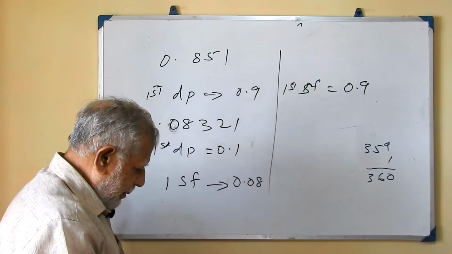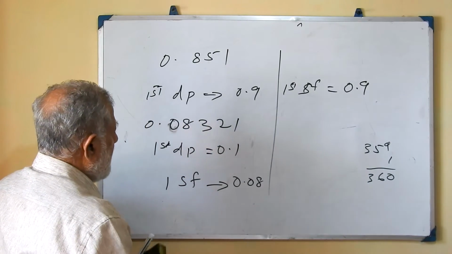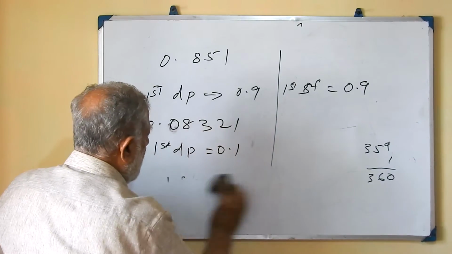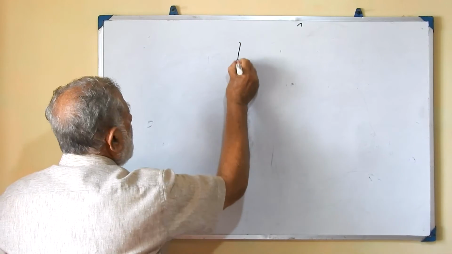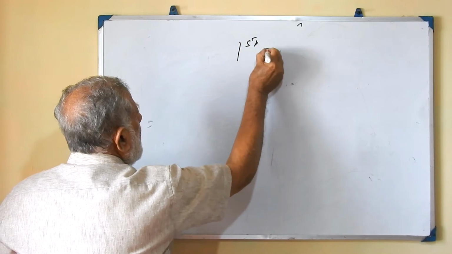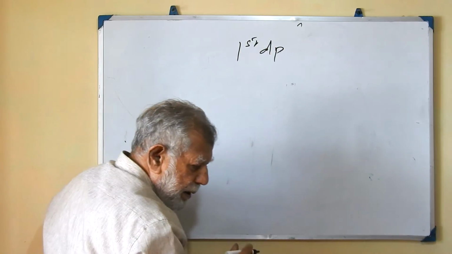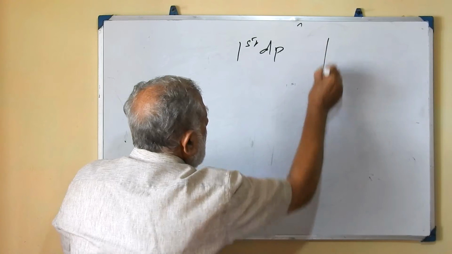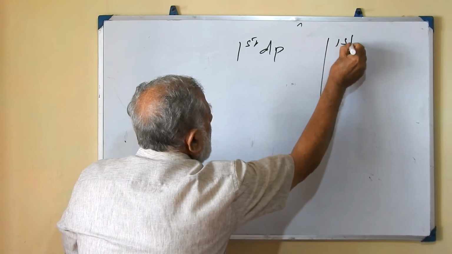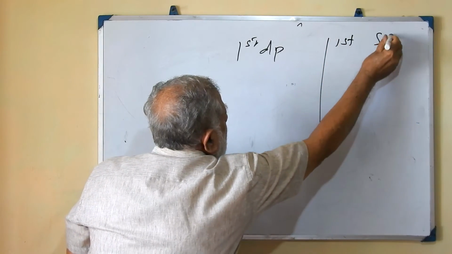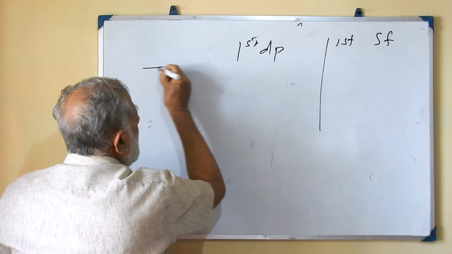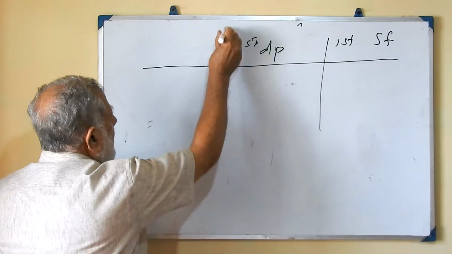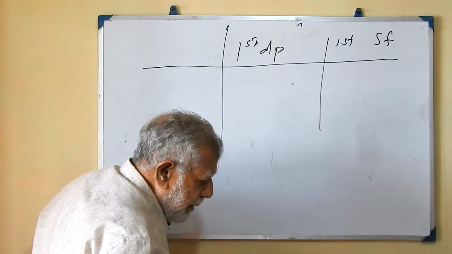We'll take one or two more examples so that you'll be thorough with this. First decimal place, first significant figure, 0.0081.